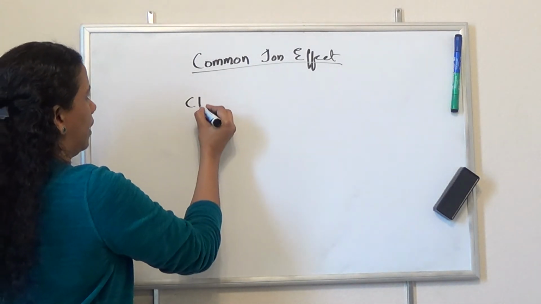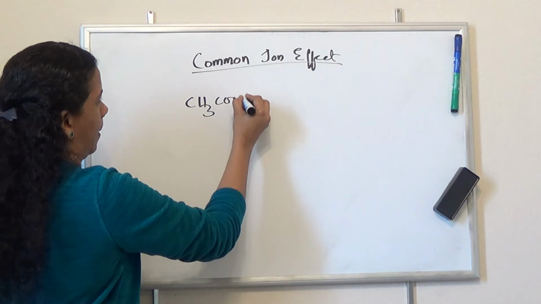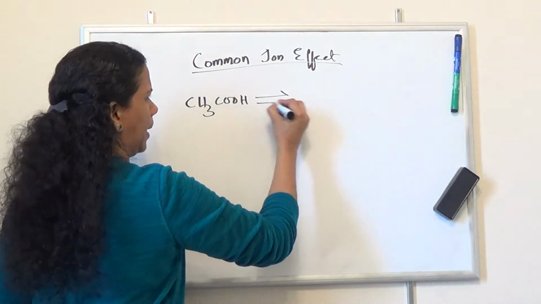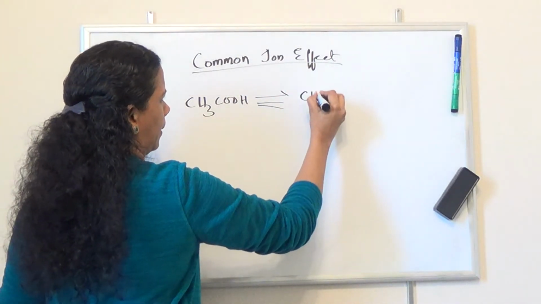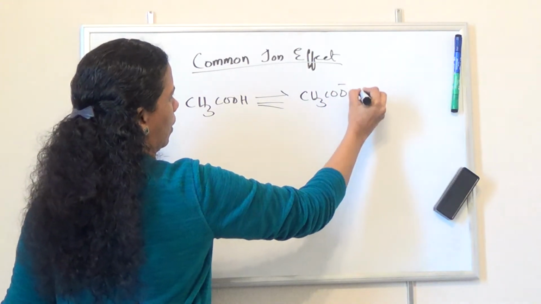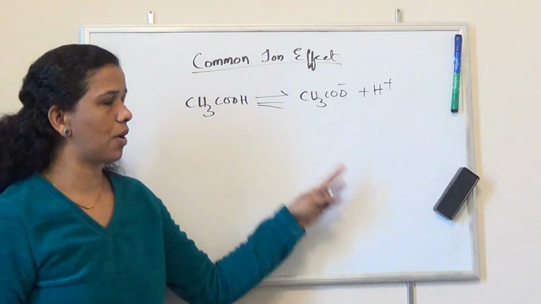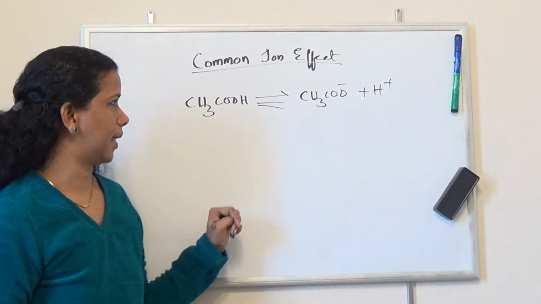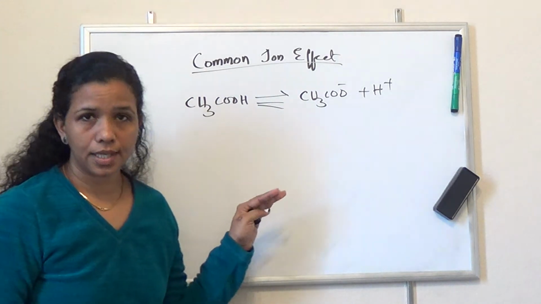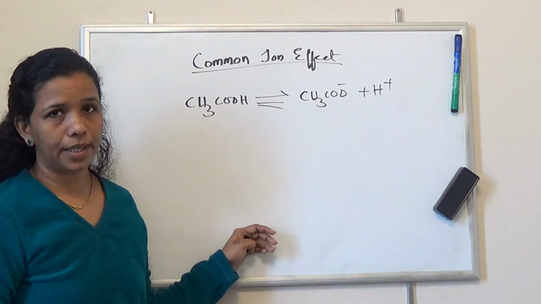Consider a weak acid or base, anything we can take, it should be weak, that's the only condition. So here we took the dissociation of acetic acid. We know that acetic acid is a weak acid, it will not undergo complete dissociation.